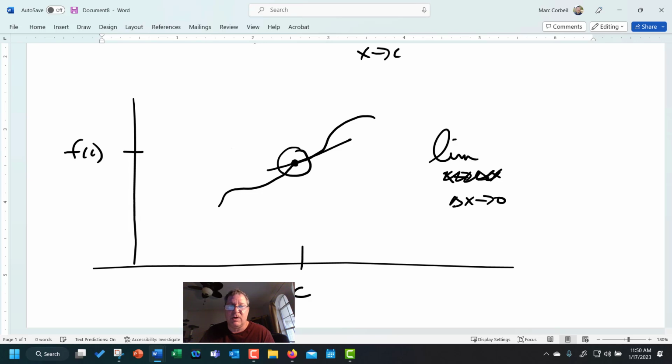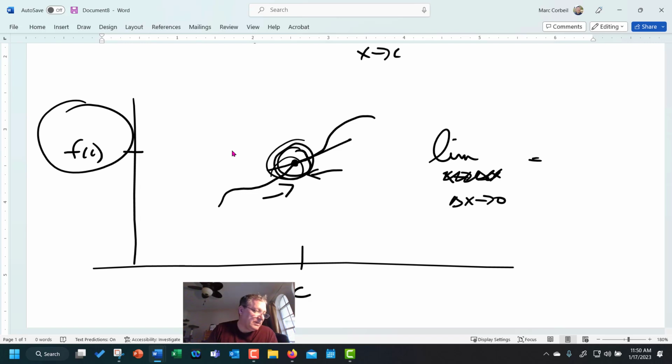So I'm actually approaching it from either side. I'm approaching the function, and when I'm doing that, I'm finding out its slope. Well, that certainly implies that it also has a function value there. So we can say that differentiability implies continuity.